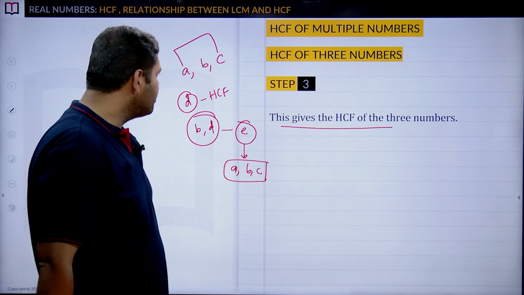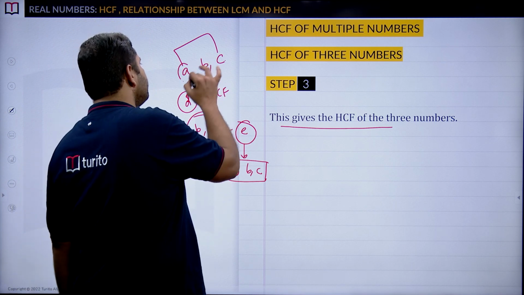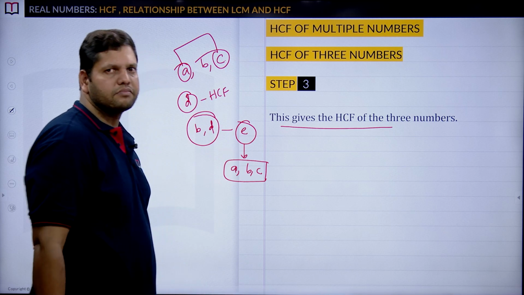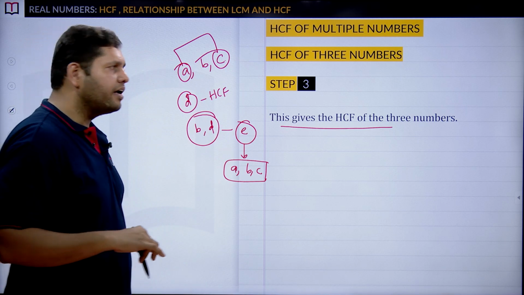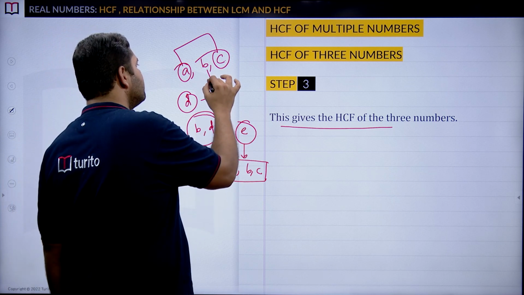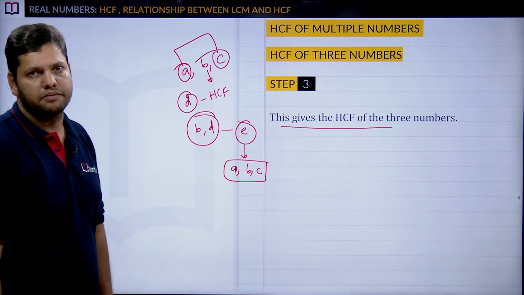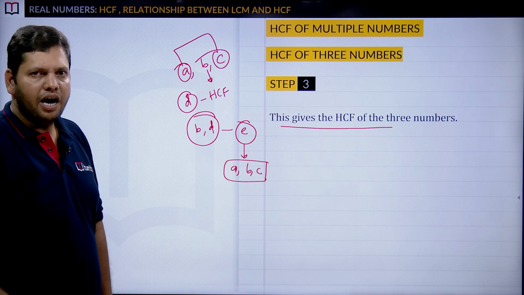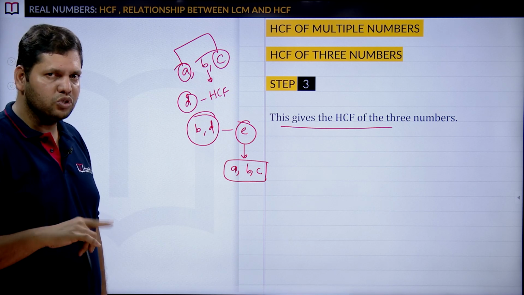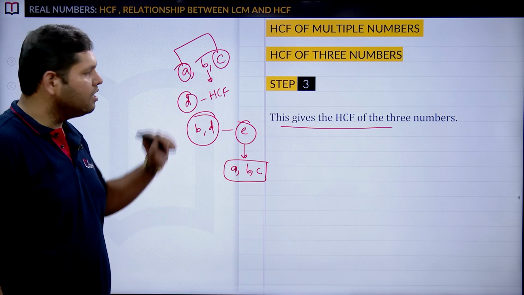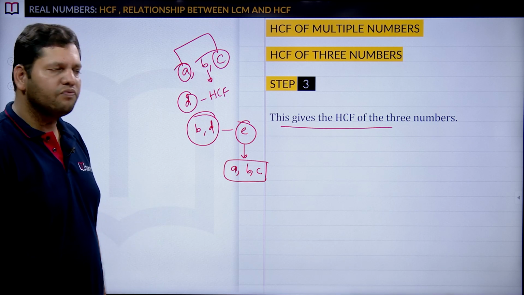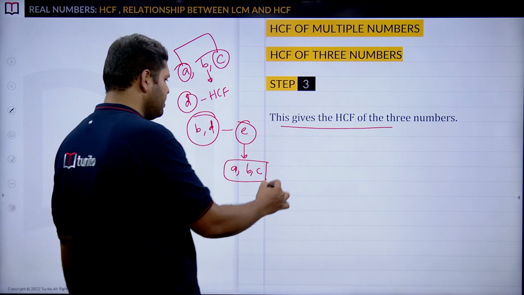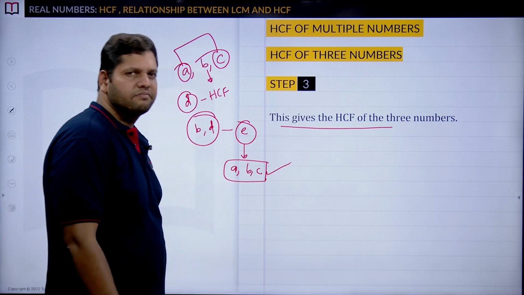And my suggestion is, better you go for the smallest one and the greatest one, then find the HCF. After finding the HCF, again take that number and go for the number we did not take, the second number or third number, and find the HCF of the first 2 numbers' HCF and the leftover number. From that you find the HCF of A, B, C. Clear, children?